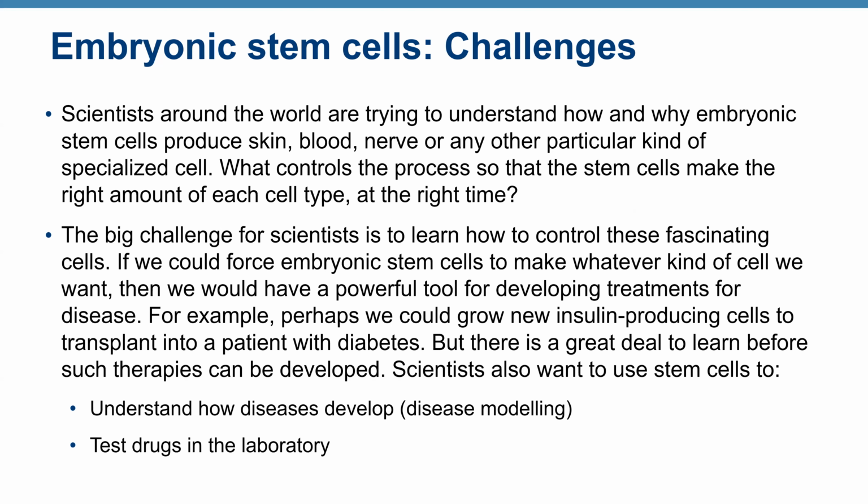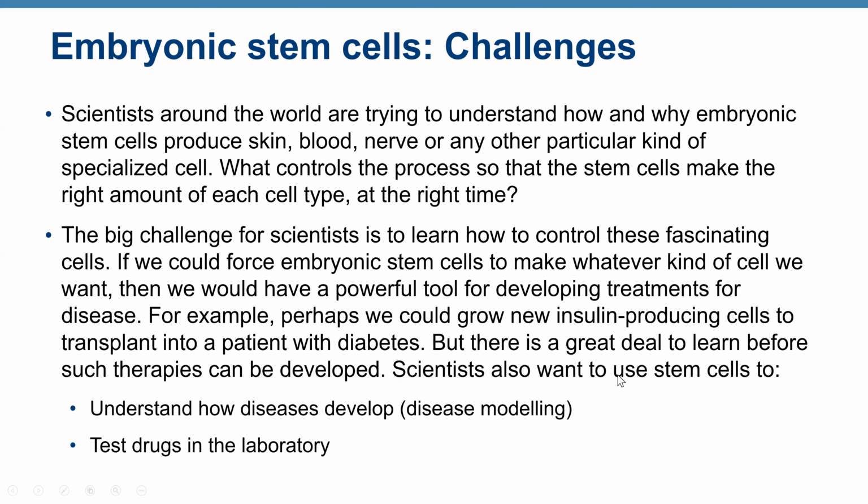If we could force embryonic stem cells to make whatever kind of cells we want, then we would have a powerful tool for developing treatments for disease. For example, perhaps we could grow new insulin-producing cells to transplant into a patient with diabetes. But there is a great deal to learn before such therapies can be developed. Scientists also want to use stem cells to understand how disease develops and test drugs in the laboratory.